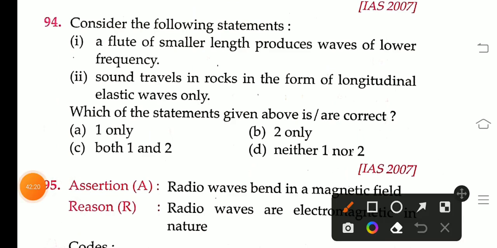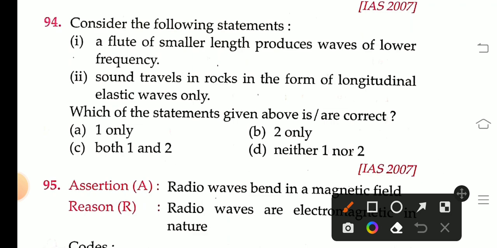Consider the following statements. 1. A flute of smaller length produces waves of lower frequency. 2. Sound travels in rocks in the form of longitudinal elastic waves only. Which of the statements given is correct?